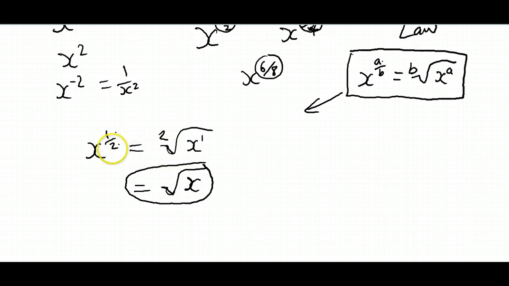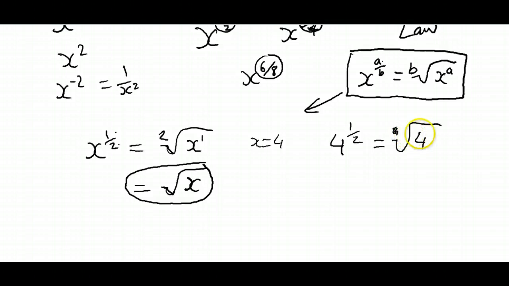Okay, let's extend our example a little bit. Let's say x equals 4. So let's do 4 to the power of a half. And that's going to mean we've got the square root of 4. Now we don't need to put the 2 out here because it doesn't do anything. We don't need to put the 1 here because that doesn't do anything either.